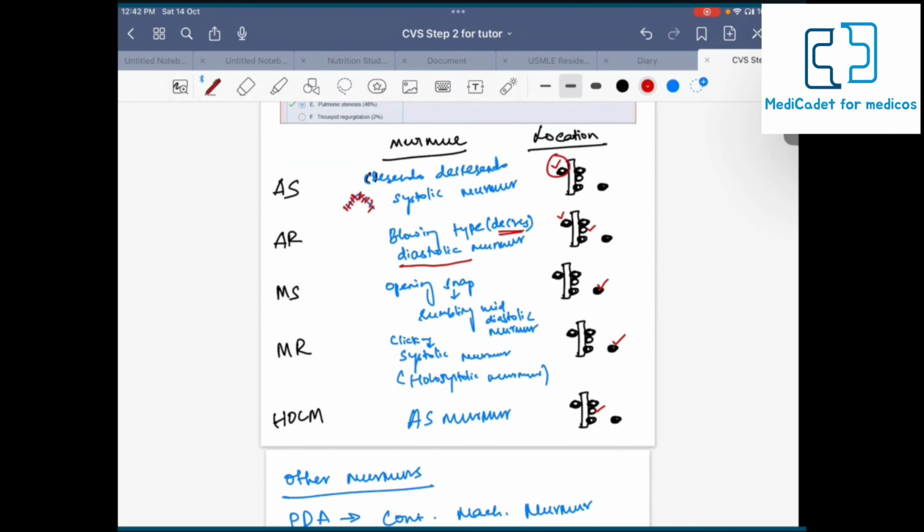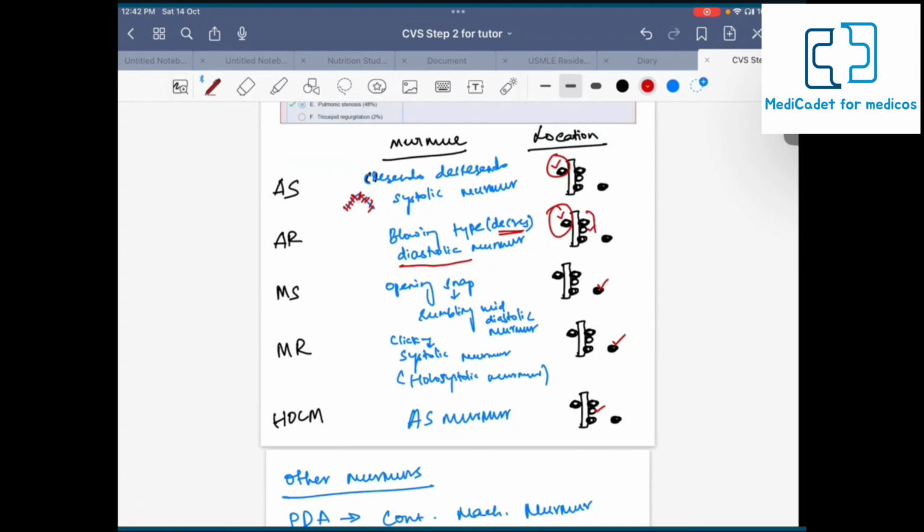Sometimes they might mention blowing type or decrescendo, and the location depends on whether the aortic regurgitation is a valvular defect or subaortic, so the location might differ. Mostly it will be in the aortic region, or sometimes one area below the pulmonary area.